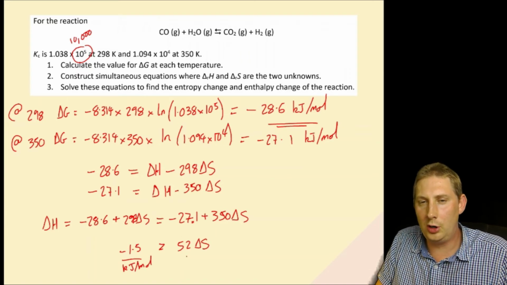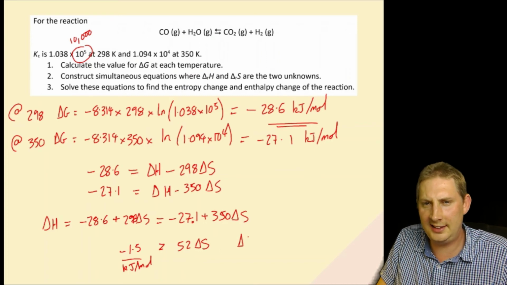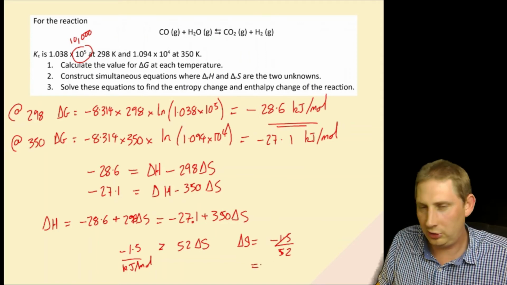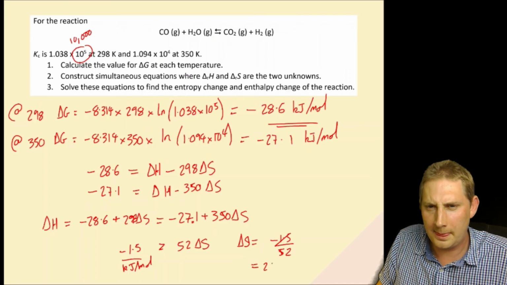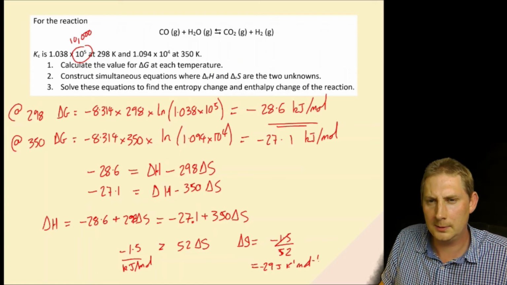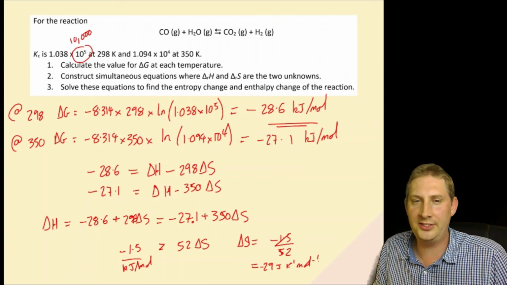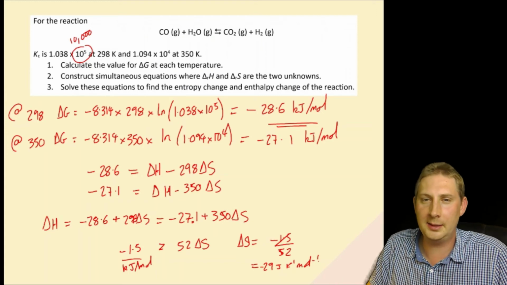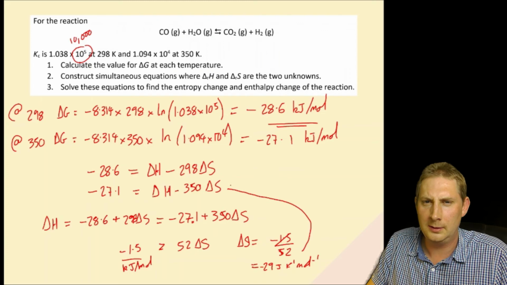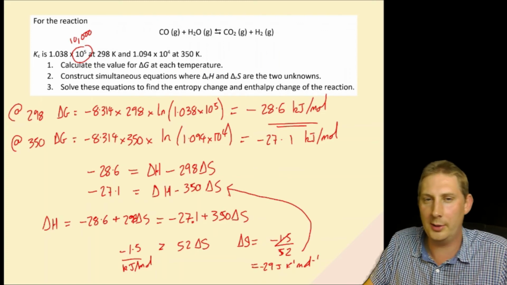And therefore we can say that delta S equals minus 1.5 divided by 52, which equals about minus 29 joules per Kelvin per mole. And we've worked out what delta S is, so we can then substitute that back into the equation to work out what's going on here.